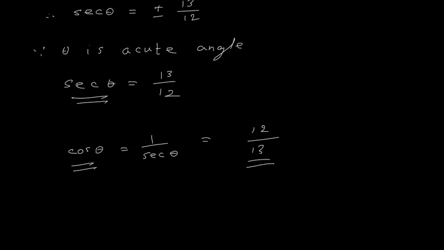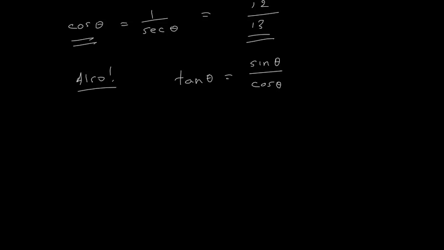Also, we know that tan theta is sin theta upon cos theta. We have to find the value of sin theta. So, sin theta is equal to tan theta into cos theta.